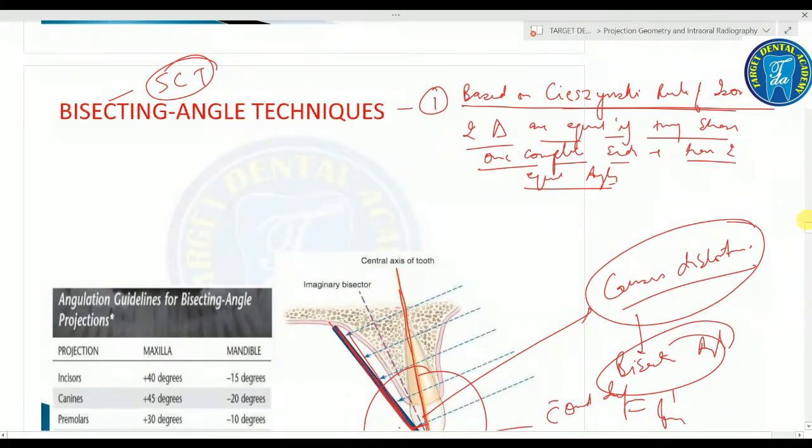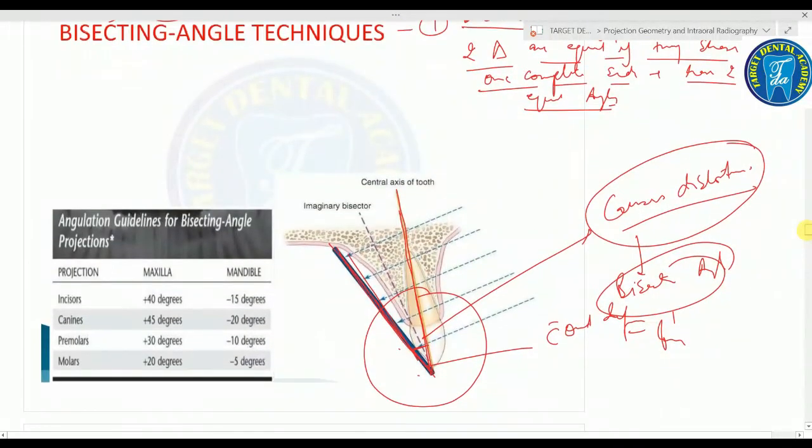See, in this, when the central X-ray is not perpendicular to the bisector plane, the length of the image of the projected tooth gets changed. If the central X-rays are directed at an angle which is more positive than the perpendicular to the bisector, the image of the tooth which is formed is foreshortened.